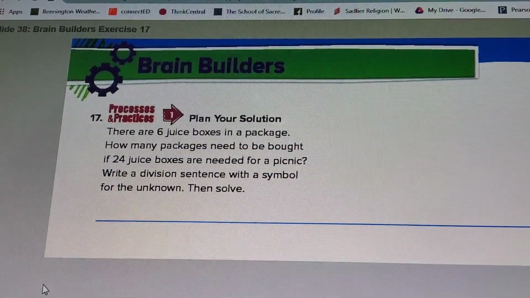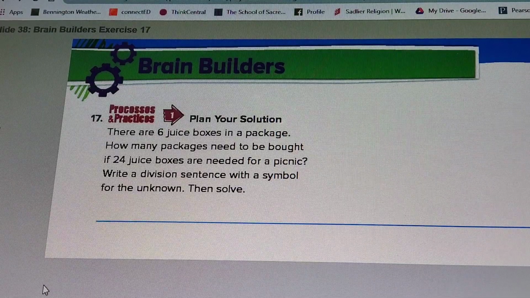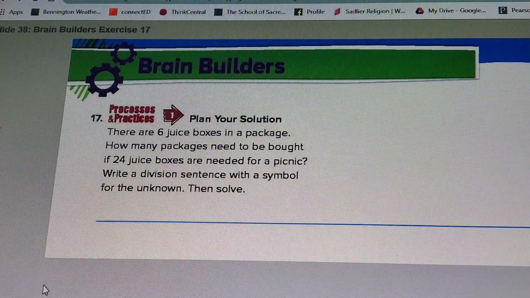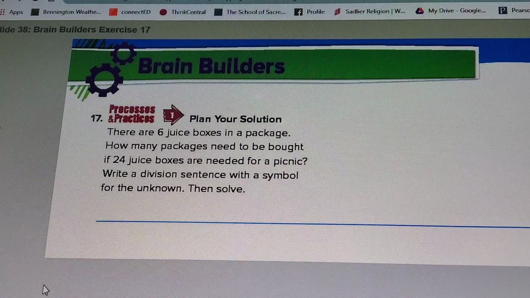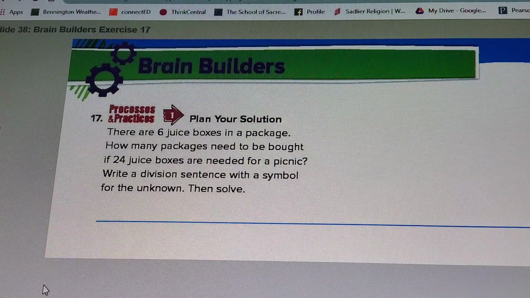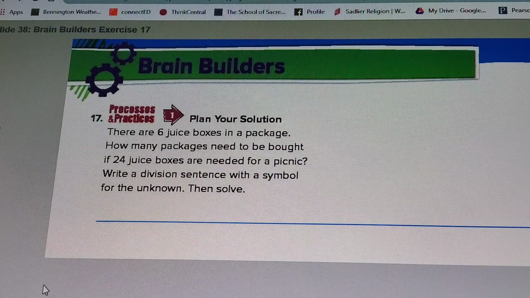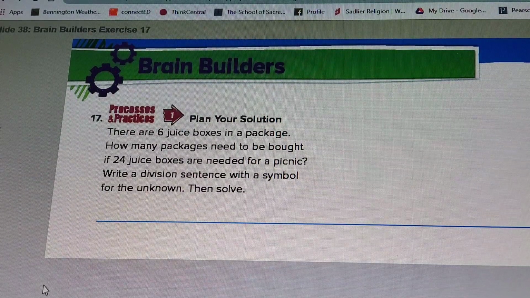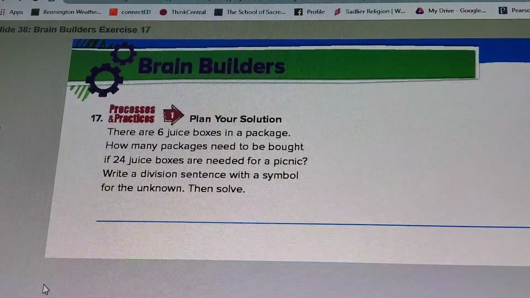Brain builders. Number 17. Processes and practices. Plan your solution. There are 6 juice boxes in a package. How many packages need to be bought if 24 juice boxes are needed for a picnic? Write a division sentence with a symbol for the unknown, then solve.